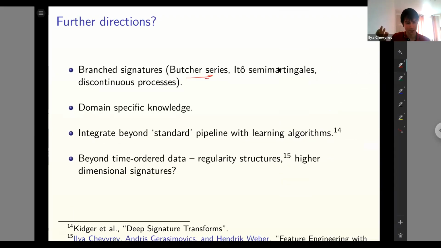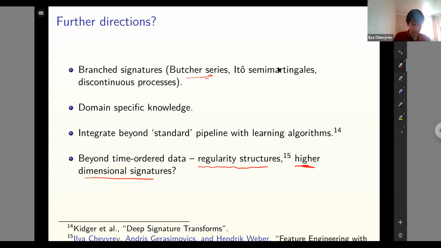One of the other big questions in this direction is how to properly extend the signature method beyond time-ordered data, and whether that's even possible. Is there some sort of analog of higher dimensional signatures? Maybe some people know that there's a theory of regularity structures which extends rough path theory, and maybe some ideas from there can be helpful in this direction as well.